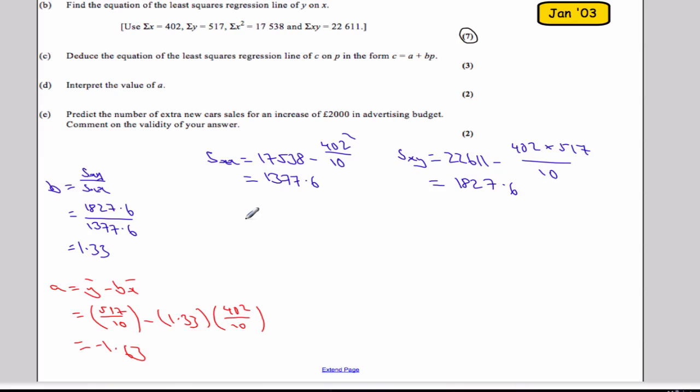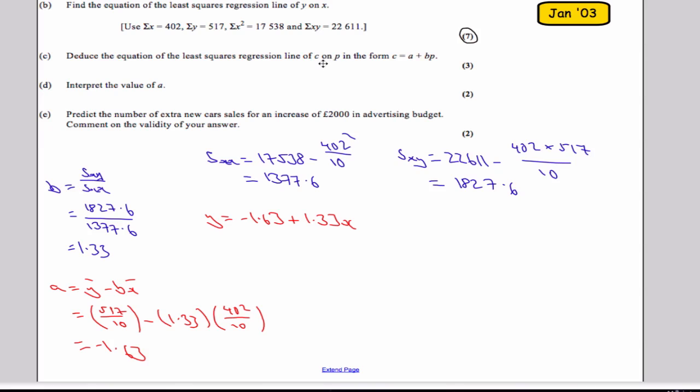So we have the value of A, we have the value of B, and y equals A plus B times x. So minus 1.63 plus 1.33 times x. That's the equation of the least square regression line of y on x.